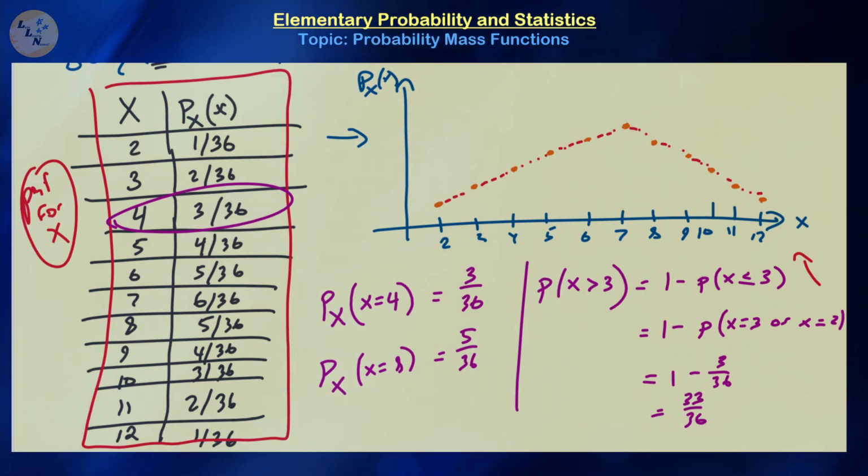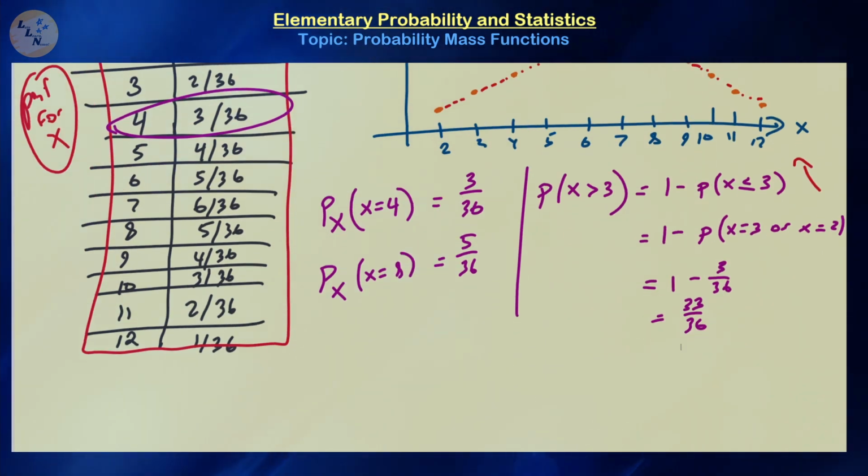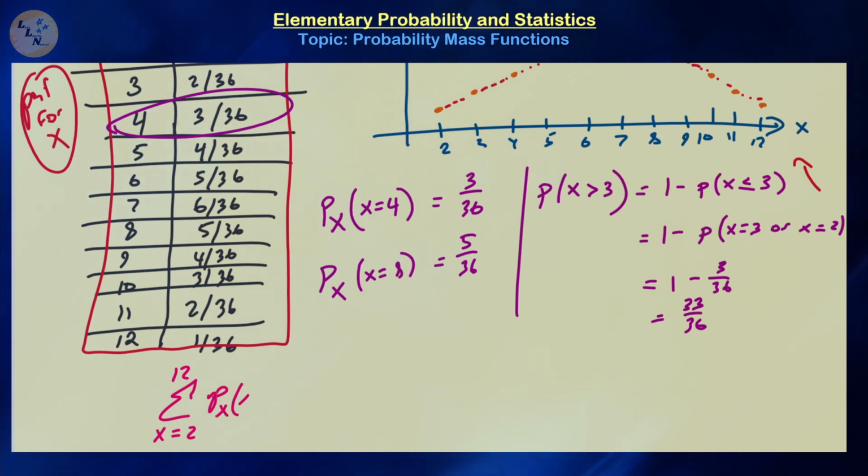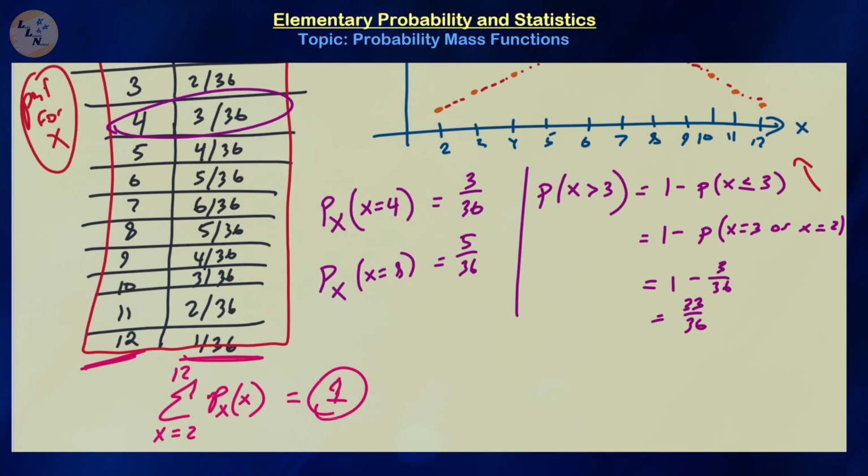Also, one very important thing about this table is that the sum from x equals 2 to 12 of my probability mass function values, so P(x = 2), x = 3, x = 4, x = 5, and so on. If we sum across this x column domain, if we sum out the output range values, then we should get 1, right?